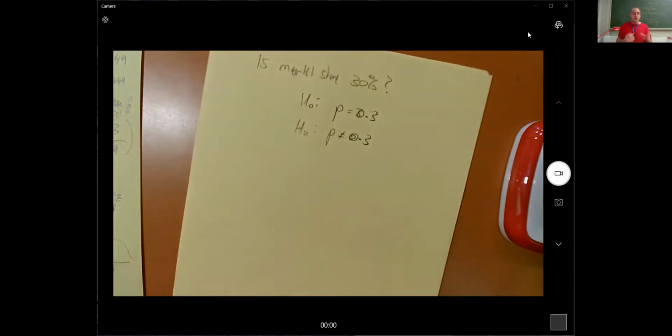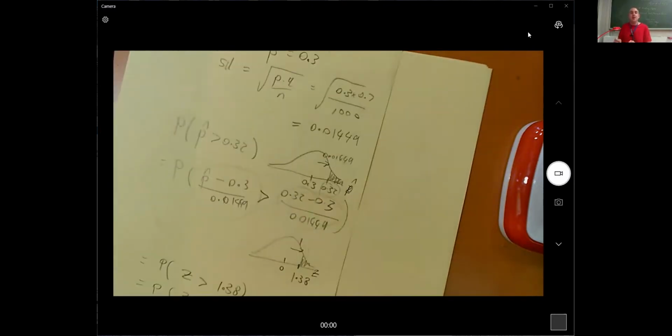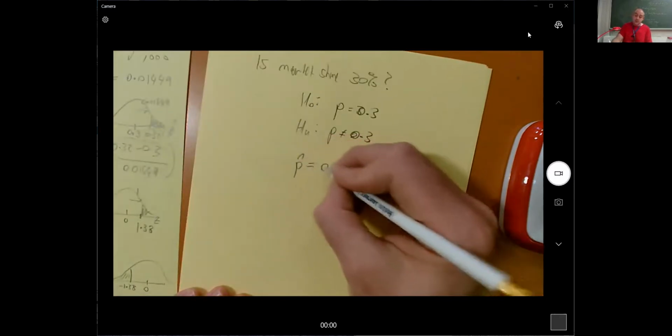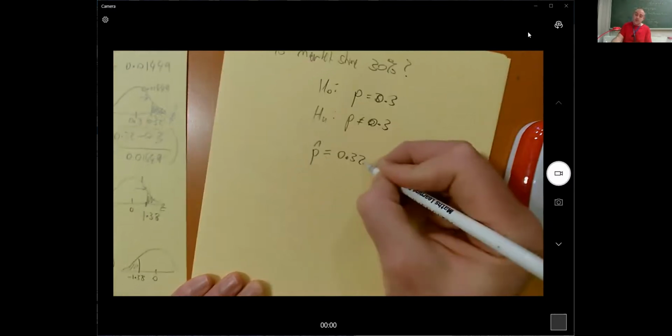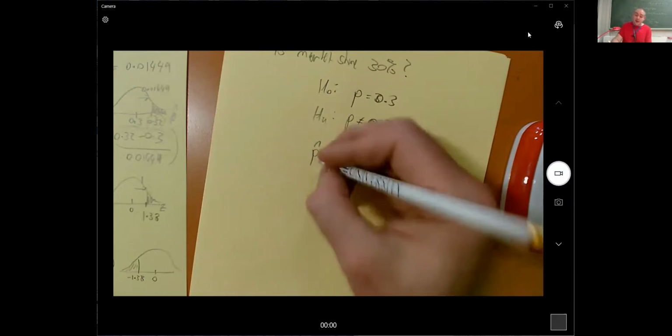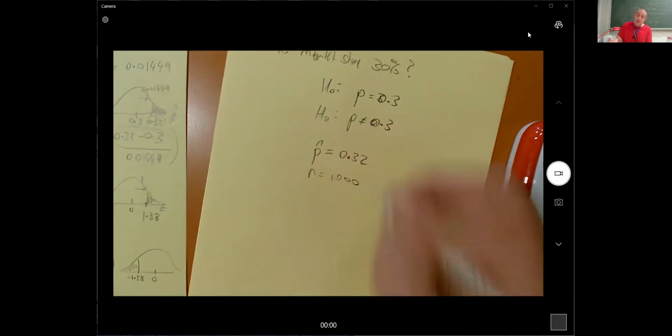And then, well, the calculation I've just done here is exactly the calculation you would do to do the hypothesis test. I got my p-hat from the data. So let's just pretend I got that 32% from my data and I had 1,000 people.